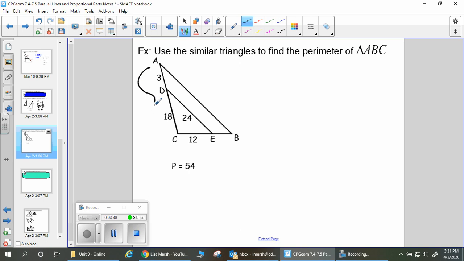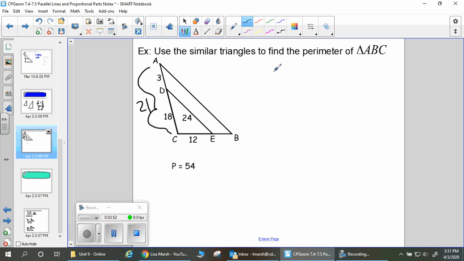Look at your left-hand side here, right? If I put these together, excuse my writing, 3 and 18 would make this whole thing 21. So the whole thing from A to C is 21, D to C is 18. That's going to be my comparison of sides.